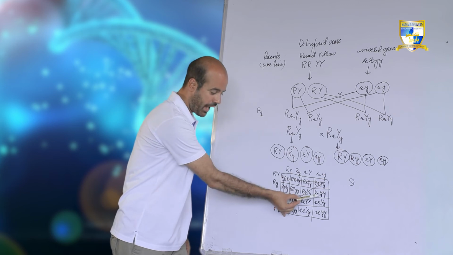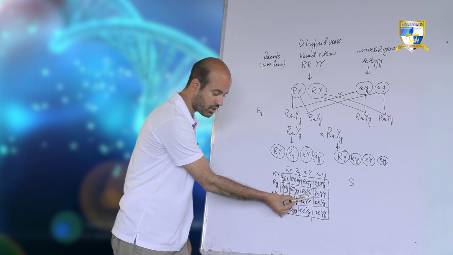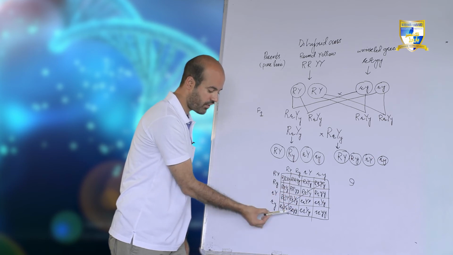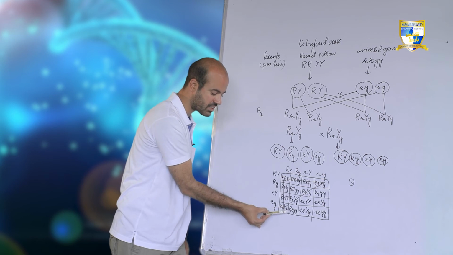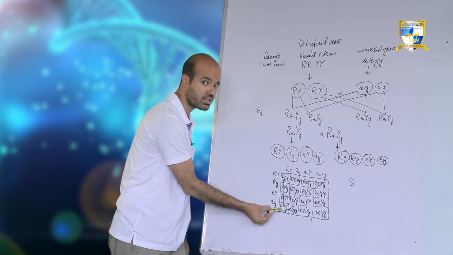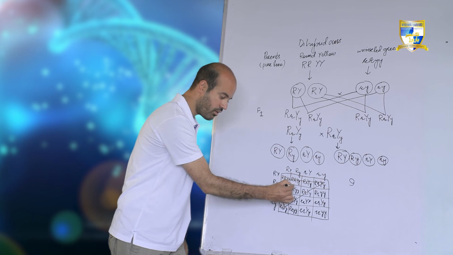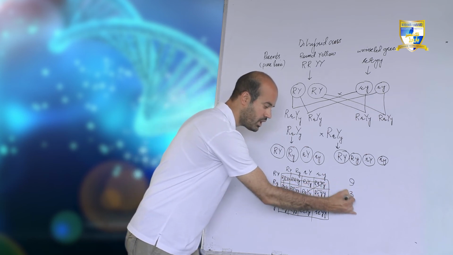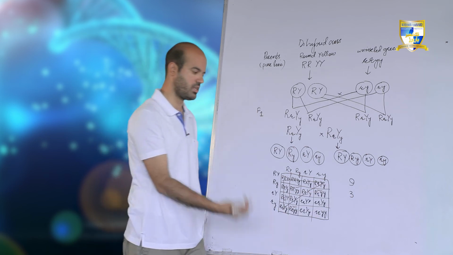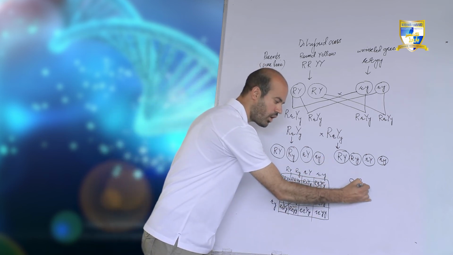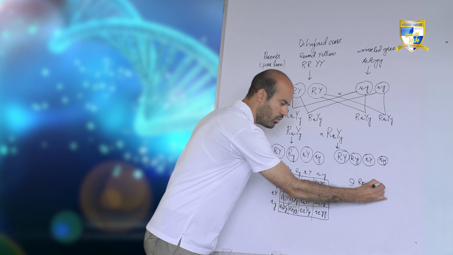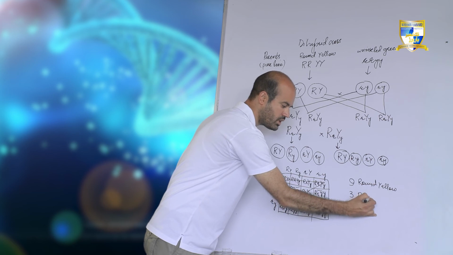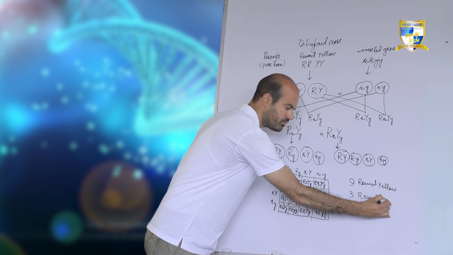This one, moving here, again round and green color of seeds, and finally this one, round and green. These will be 1, 2 and 3. We have 9 round, yellow seeds, then 3 we are getting round, green.